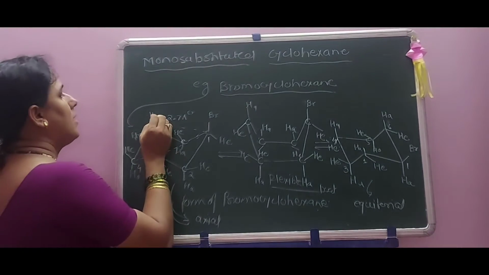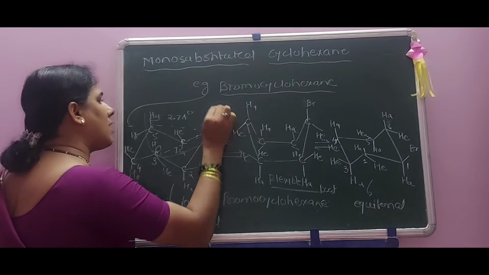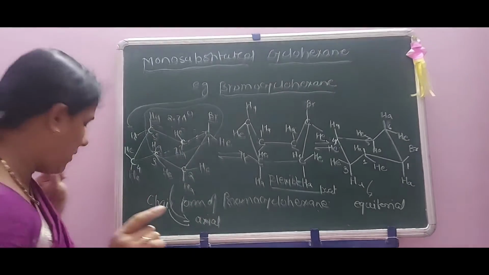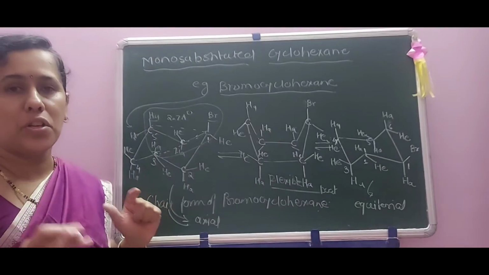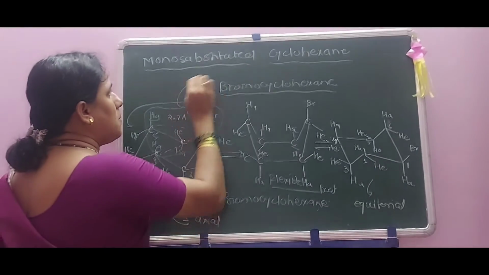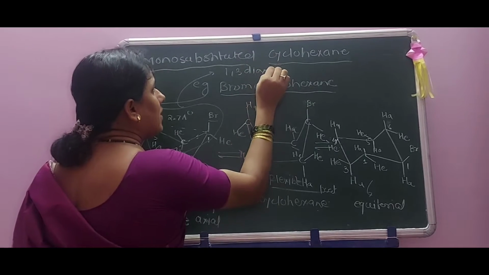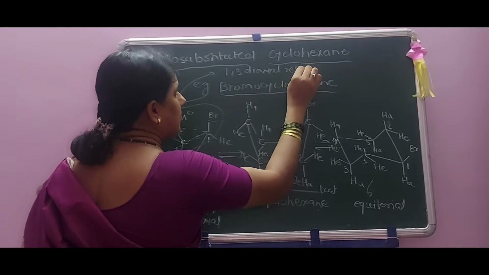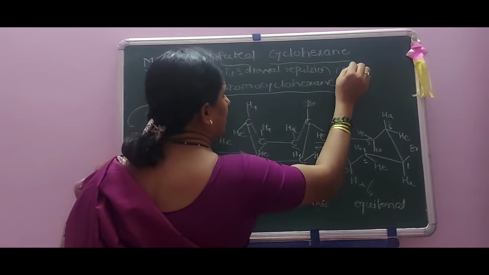That means this hydrogen, this bromine and this hydrogen, all three lie in one plane. Due to this, there develops a 1,3 diaxial repulsion interaction.